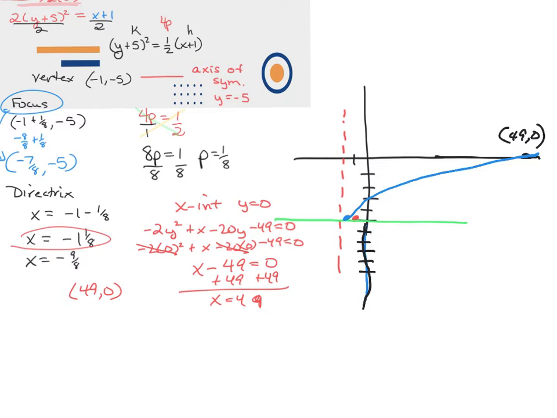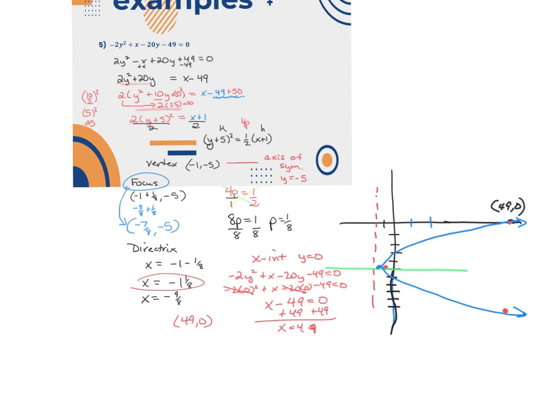And then I could put another point over here so it's symmetrical to get the other side. As long as you show me the work for it and say another point that's on it is fine. It would have probably been better maybe to plug in x equals 1 or 2 and get a point closer there. All right, so that is an example of a parabola, completing the square and then finding all the pieces.